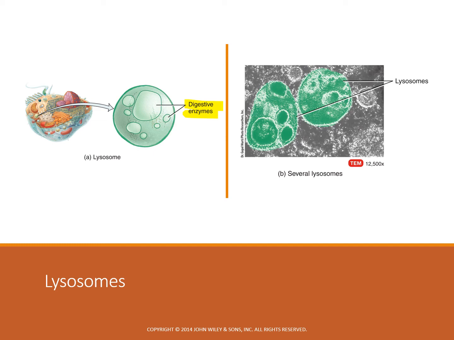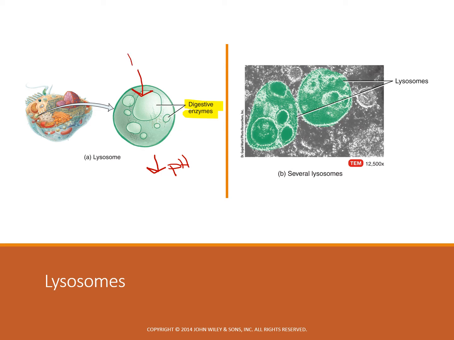Since lysosomal enzymes really work best at a very acidic pH, we want to have a very low pH. The lysosomal membrane includes these transport pumps that actually import hydrogen ions and allow the interior of the lysosome to have a pH of about 5.